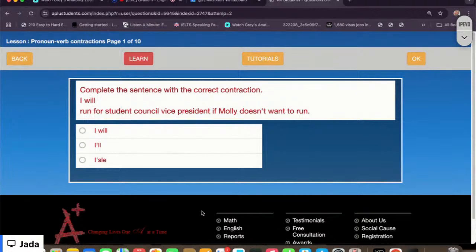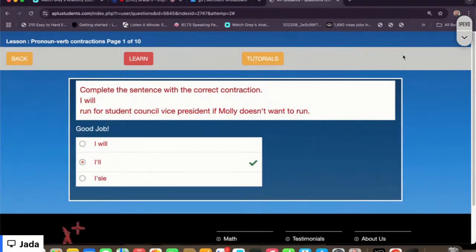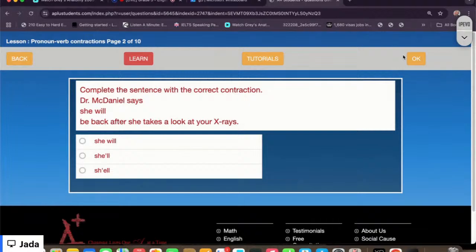All right, so we have option 2, which is correct. So we have Dr. McDaniel says she will be back after she takes a look at your x-rays. So what is the right contraction here?